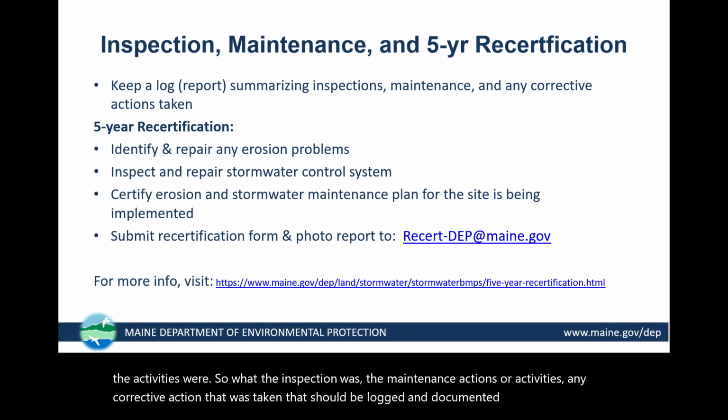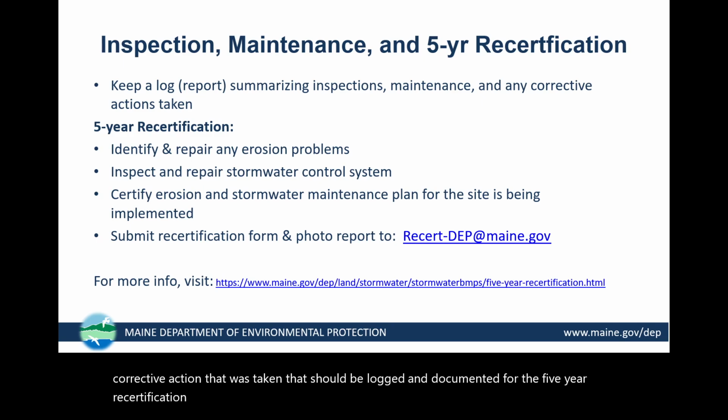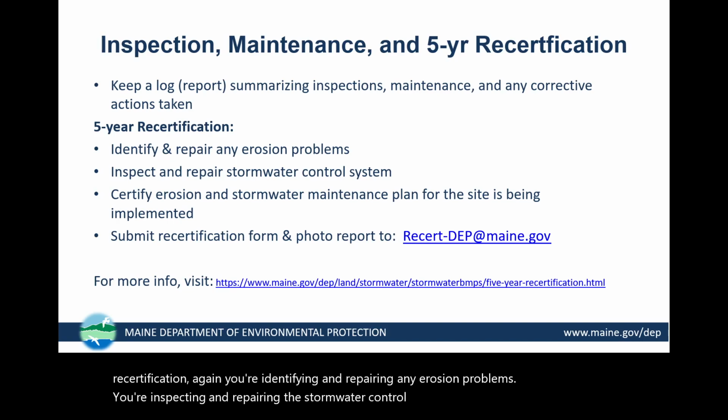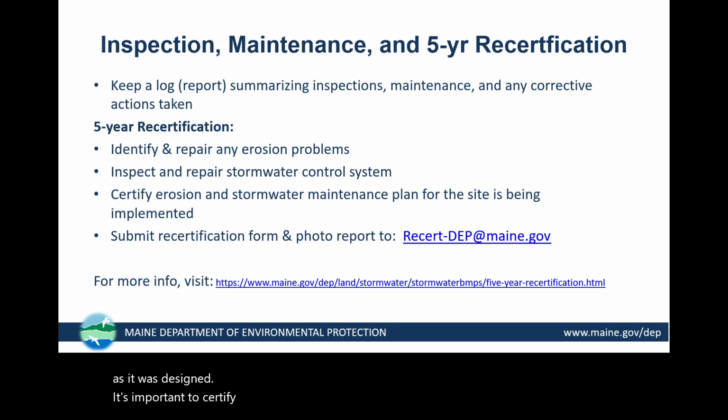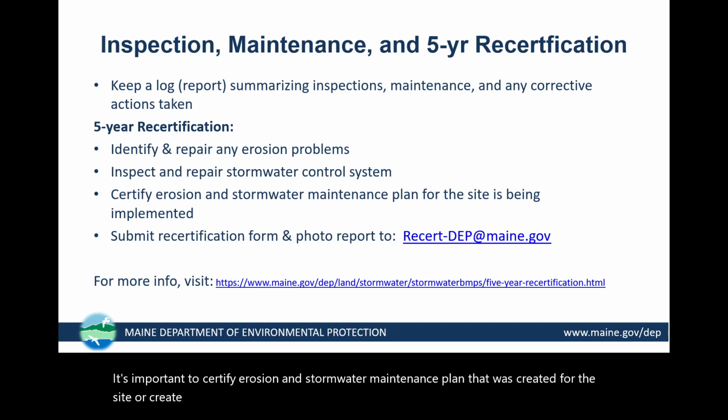For the 5-year recertification, again, you're identifying and repairing any erosion problems. You're inspecting and repairing the stormwater control system, making sure that it's working as it was designed. It's important to certify that the erosion and stormwater maintenance plan that was created for the site or for the wet pond is actually being followed and implemented.